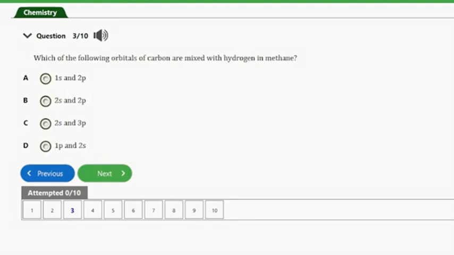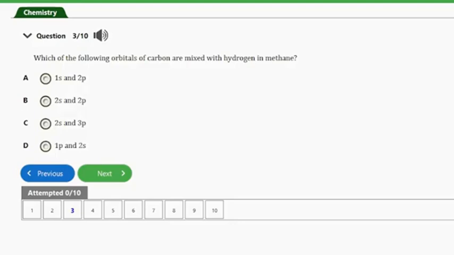Question number 3 says, which of the following orbitals of carbon are mixed with hydrogen in methane? A, 1s and 2p. B, 2s and 2p. C, 2s and 3p. D, 1p and 2s. The answer to this question is option B, 2s and 2p.